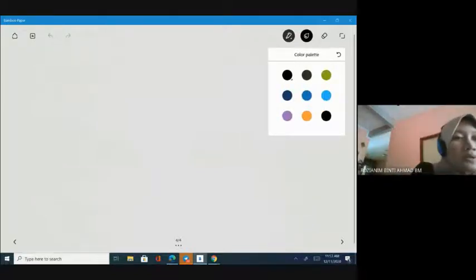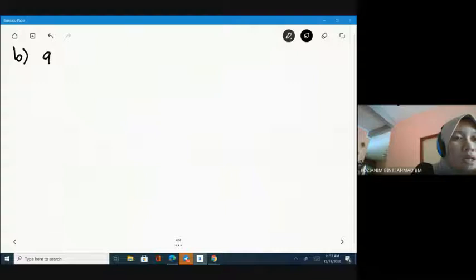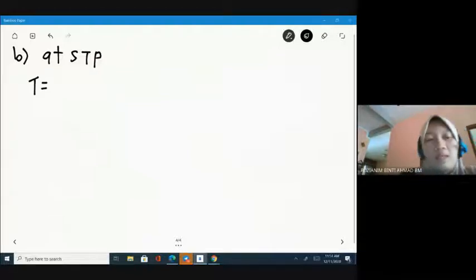Okay, so for the density at STP, what is the data you need to find out? What is the value of temperature at STP, Azizi? Is it remain 25? At room temperature it is 25.